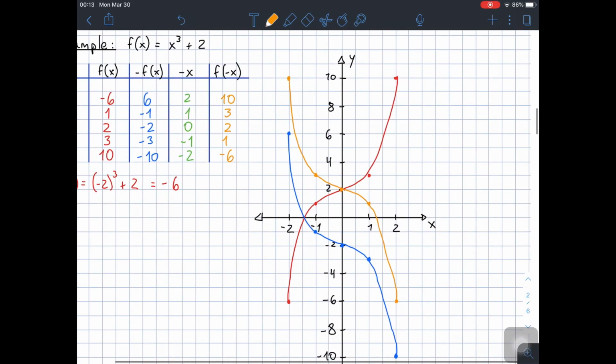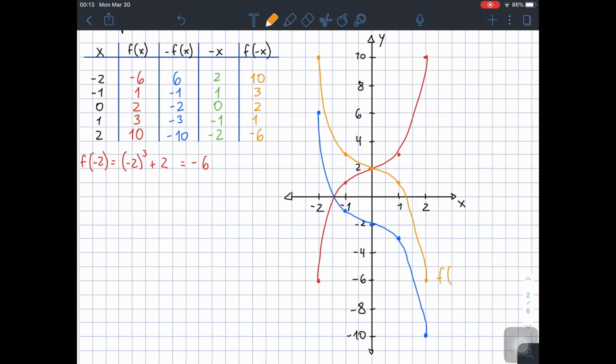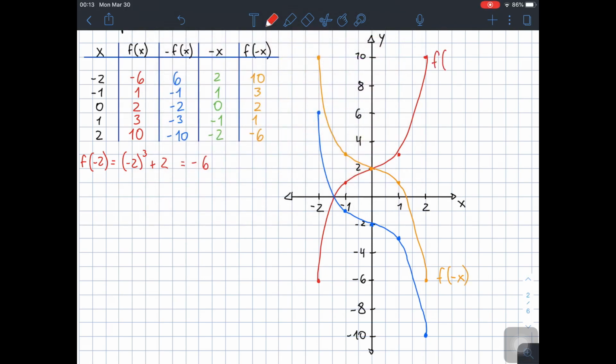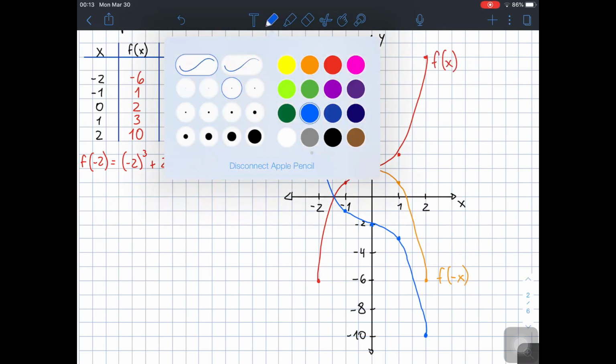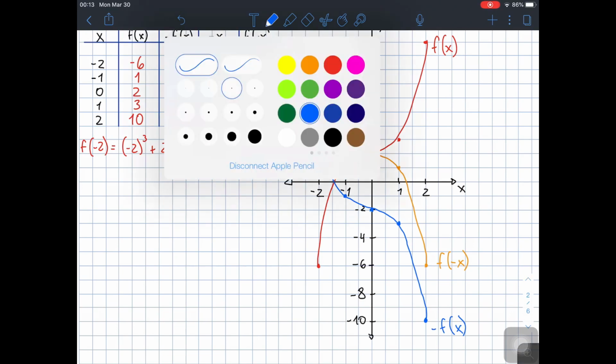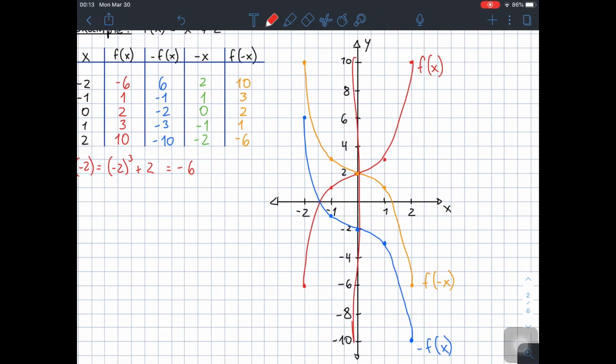Okay, what type of reflection is it with respect to the original function, which is a red one? Let me put names to this. This is f of minus x. The red one is the original, which is f of x. So you see that the orange one is a reflection with respect to the y-axis.